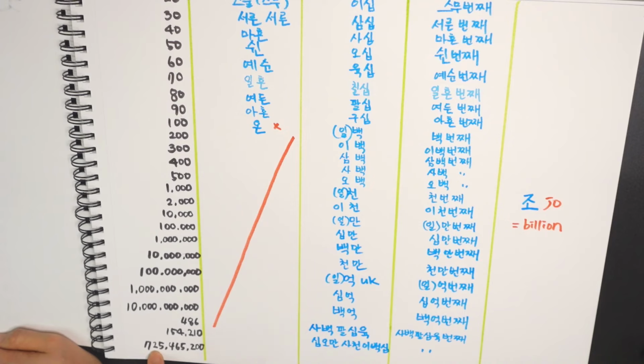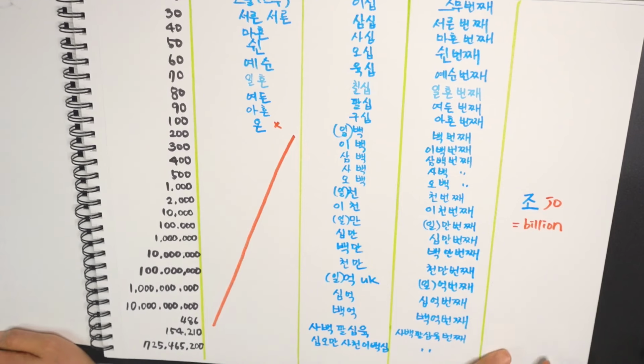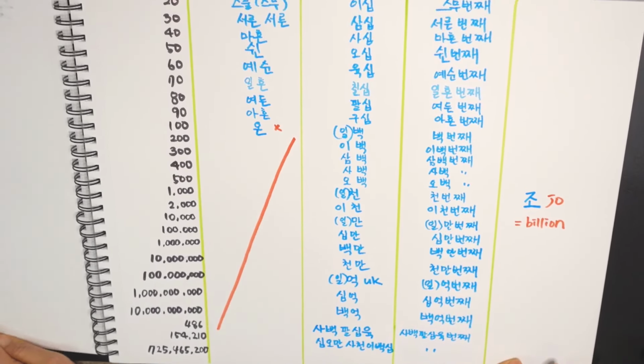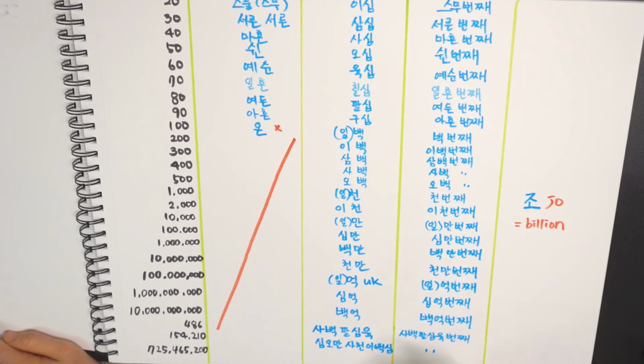Okay? And we have 700,000 and 25 million and 465,200. A very crazy number like that. We can do. So this was 억, right? So 100 million is 억, and we have 7억 and 2,500만.